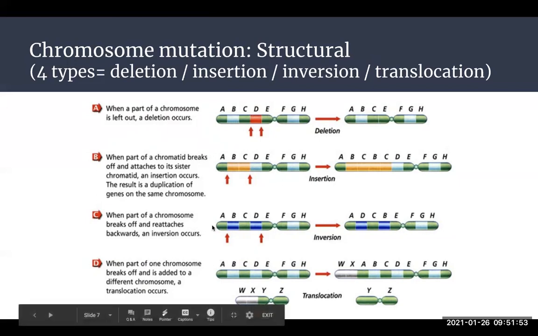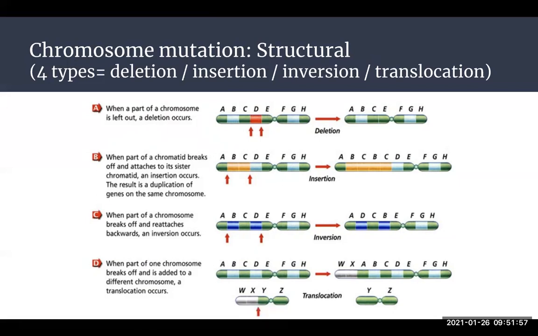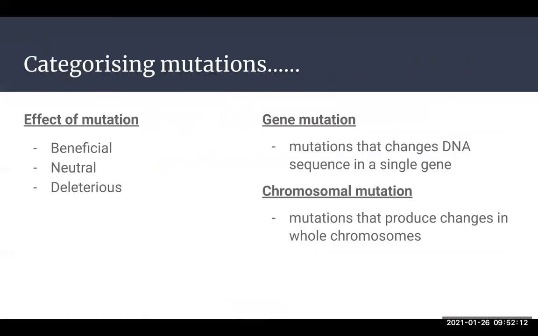And that's about it in terms of how to categorize mutation. Remember, we always look at it from different points of view. So if I ask you, can you classify this mutation in terms of its effect? Then you can tell me, okay, this is a beneficial mutation or this is a deleterious mutation, which causes harm to an individual.